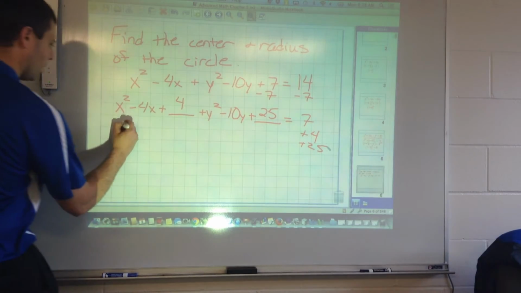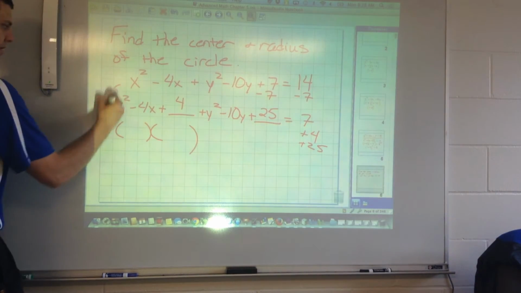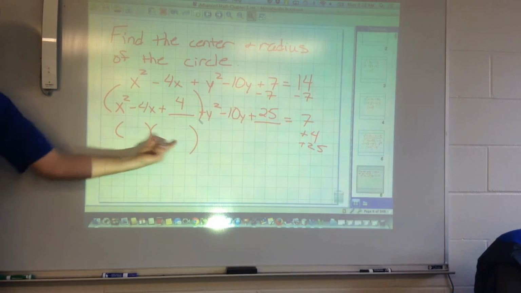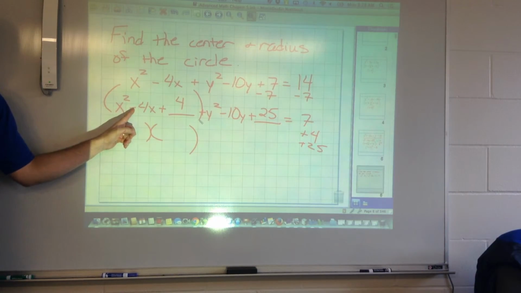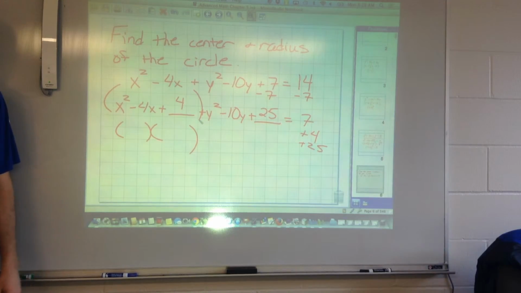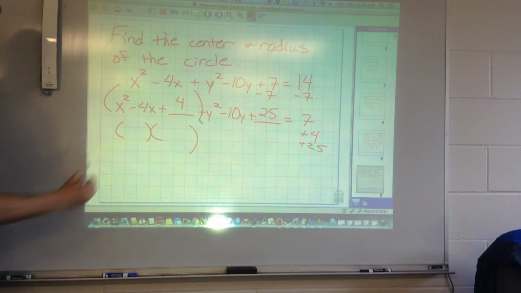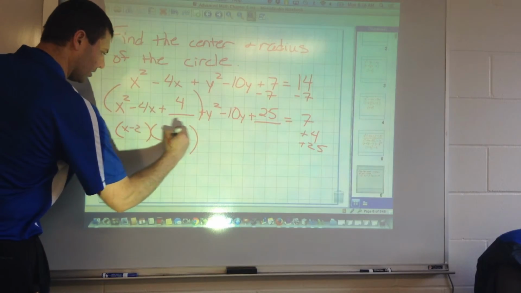Okay? Kim, what are the two factors right here? What two factors would multiply to equal this? X minus 2. They got to add to negative 4. So therefore, x minus 2 and x minus 2. Very good.